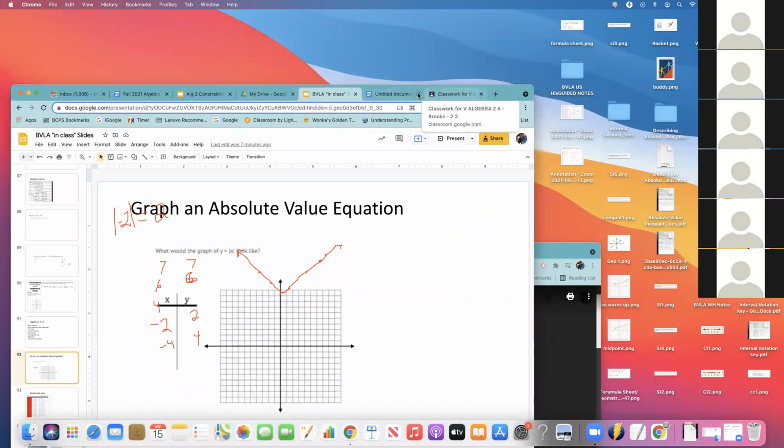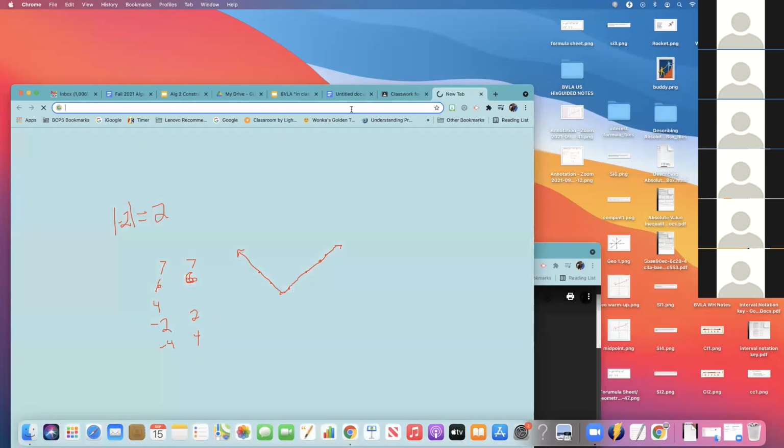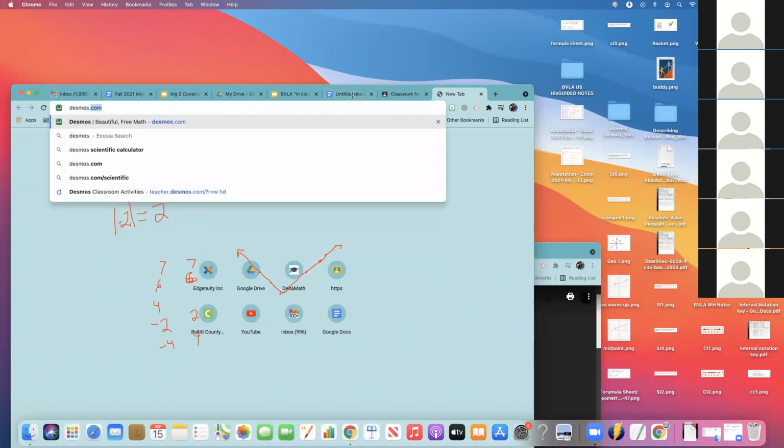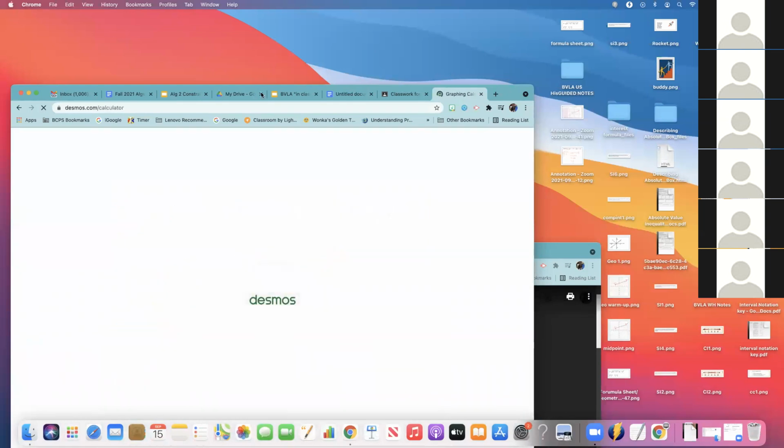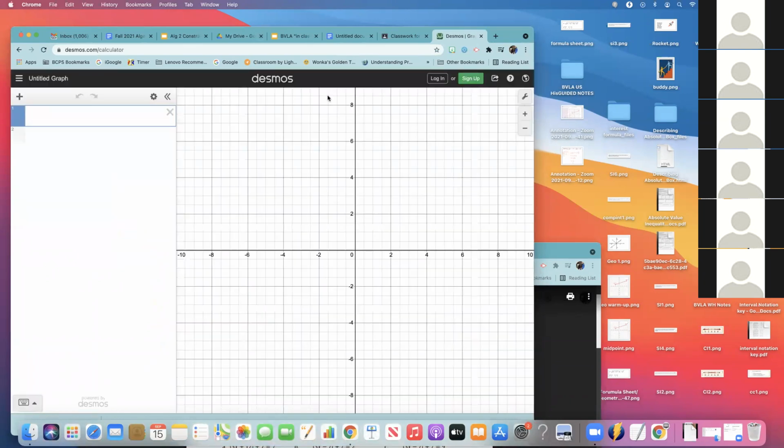and we're gonna go into Desmos.com. So everybody type in Desmos.com and go to Desmos.com. All right, I don't know how well you can split your screen and everything.